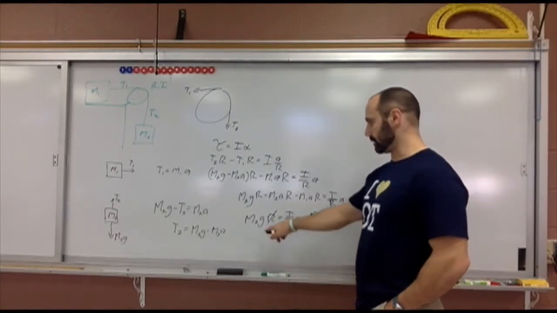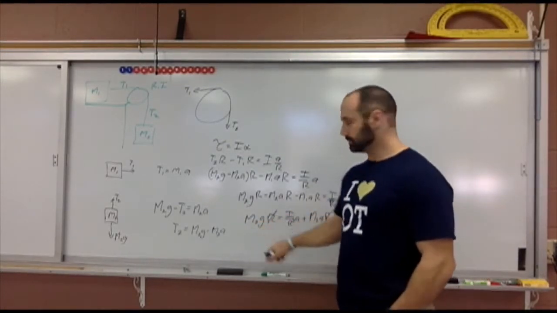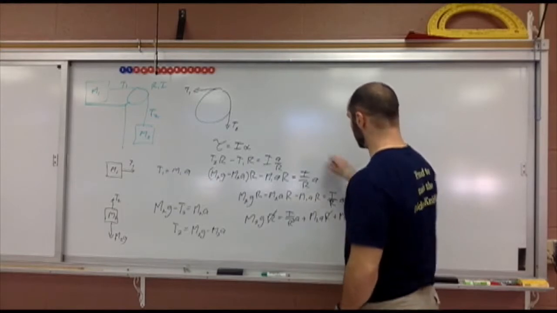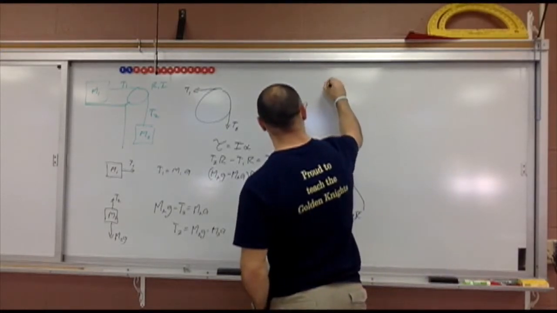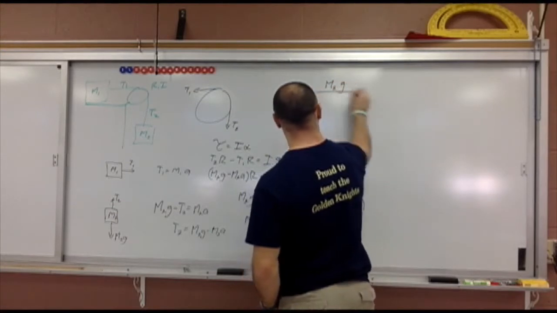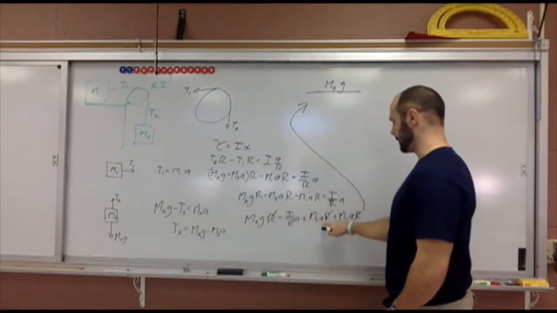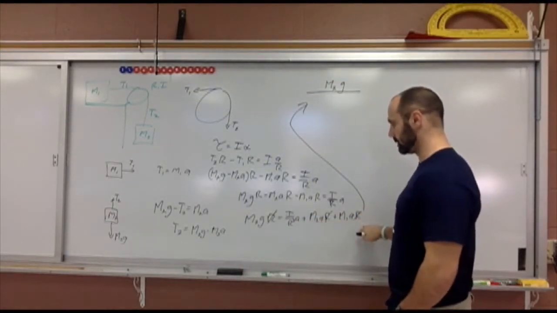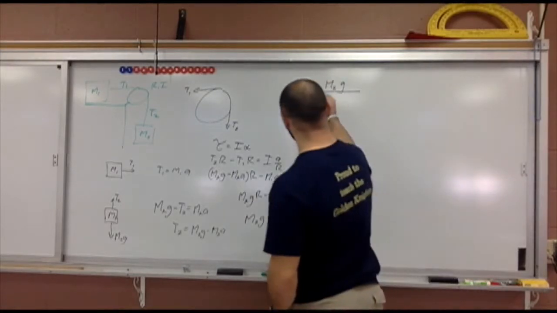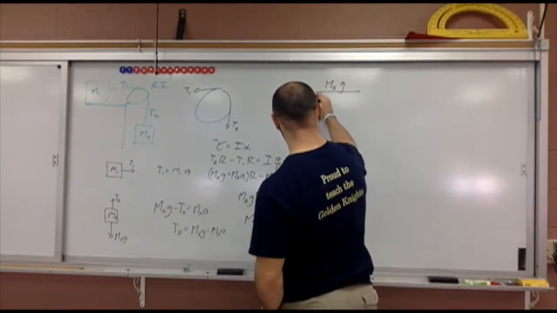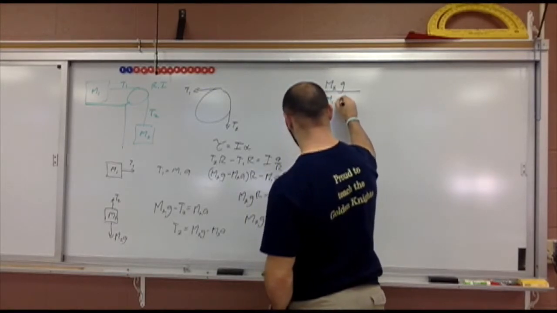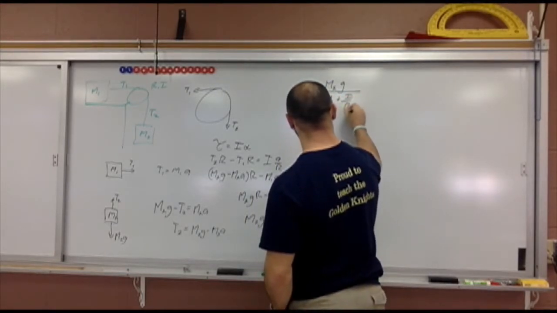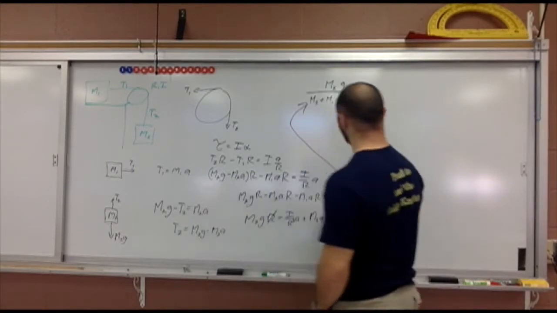So in my numerator here, I'm just going to have M2G. I'm going to move this up here now. So now I'm going to have M2G over everything here except for the A's. I factor out A. So this is going to be M2 plus M1 plus I over R squared equals A.